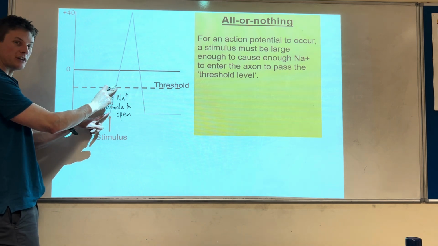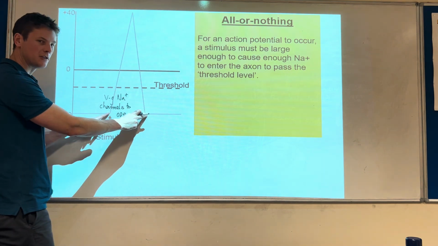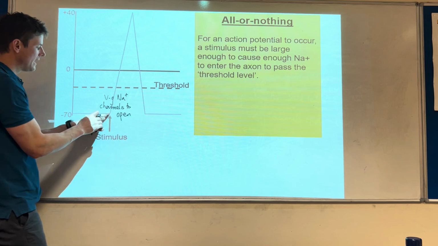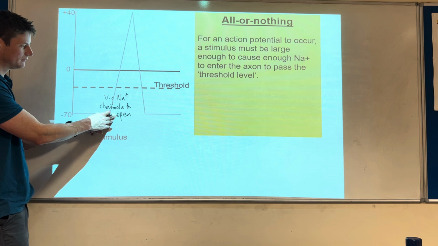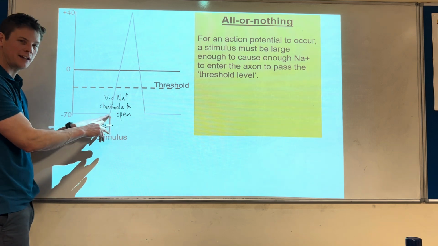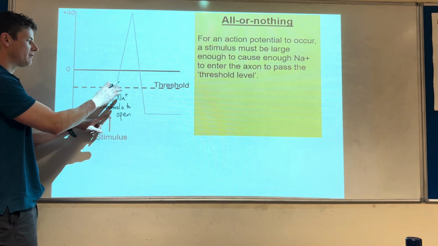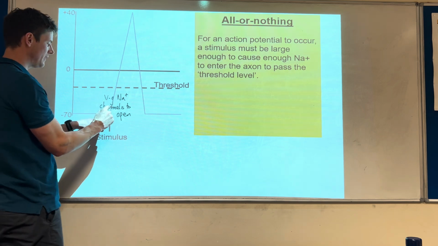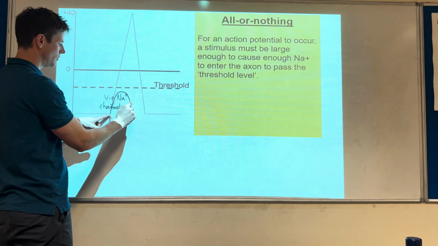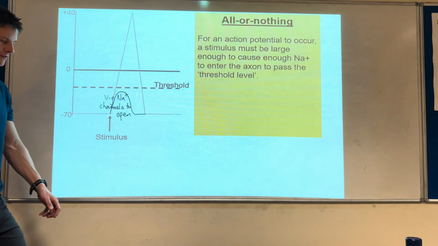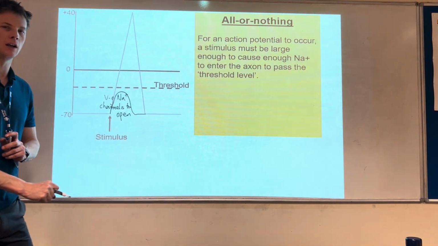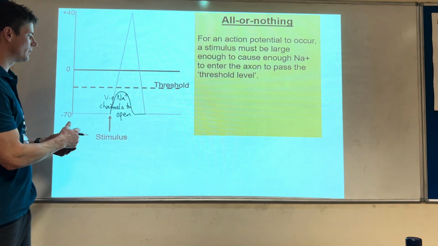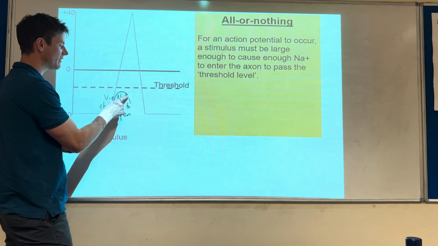If it reaches this threshold potential, an action potential will follow. If too few sodium ion channels open and not enough sodium ions diffuse into the axon, the threshold potential will not be reached, and the membrane potential will return to resting. There will be no transmission of the action potential along the membrane. So we call this sort of subthreshold, below the threshold potential.